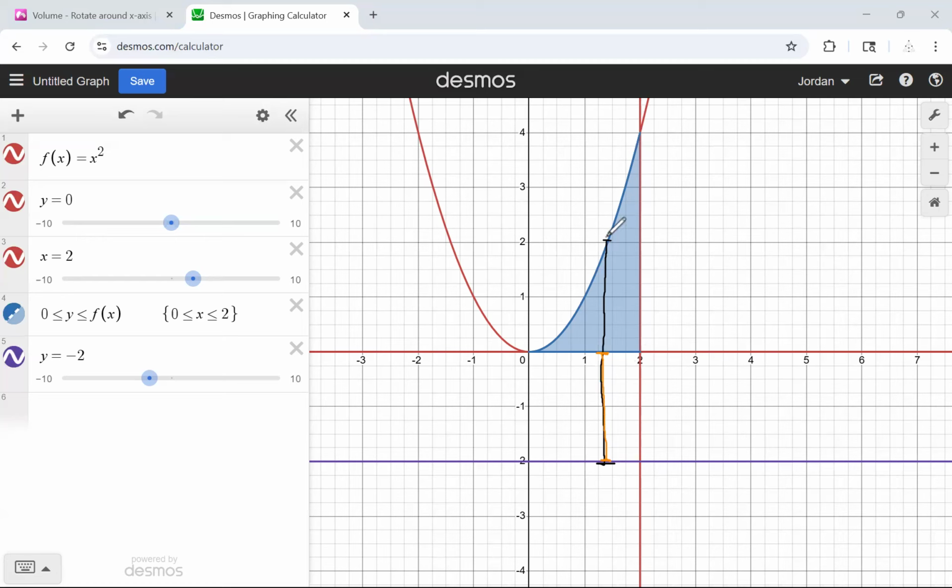So if I do the black rectangle minus the orange rectangle, that is, a disk method with the black rectangle minus a disk method with the orange rectangle, I'll get washers. And again, just so that we're all on the same page, we're rotating it around this line y equals -2.